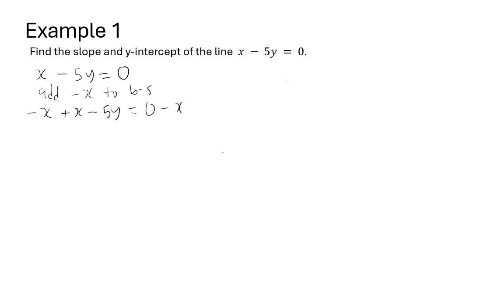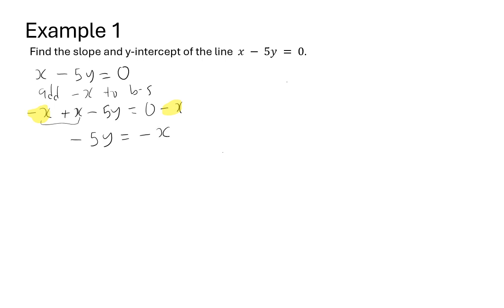After we add this minus x to both sides, minus x plus x will be 0. So we'll just have minus 5y is equal to minus x.